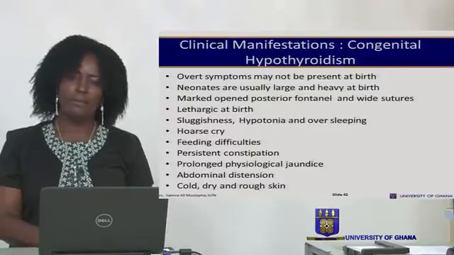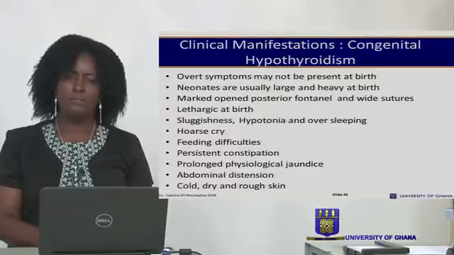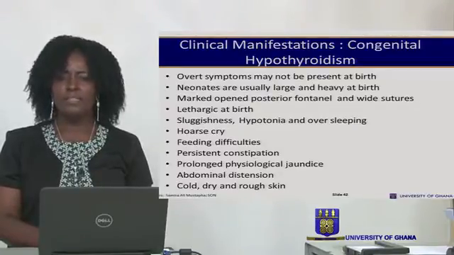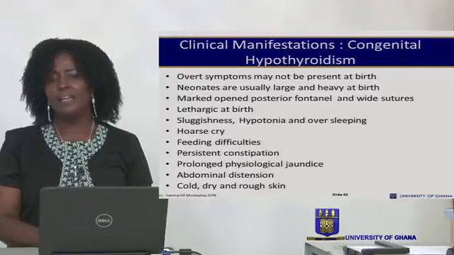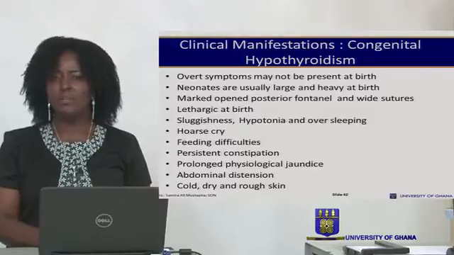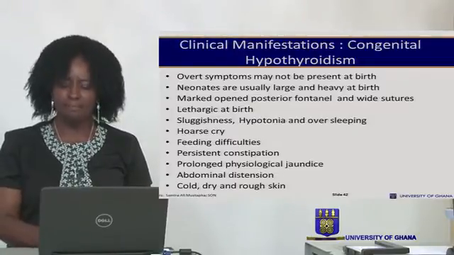And hoarse cry. When the baby cries, you hear a very hoarse or deep voice. Difficulty in feeding, constipation, abdominal distension, and the like. I'm sure you noticed a few of these in the picture shown earlier.